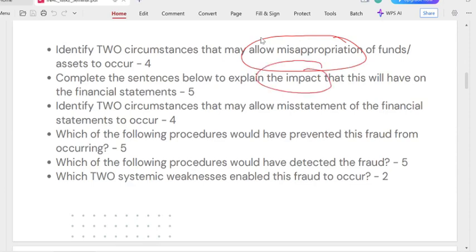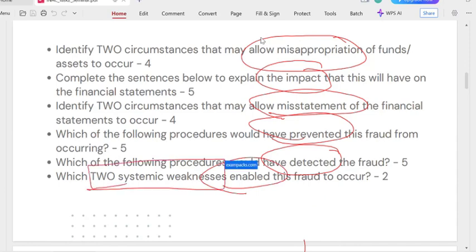So identify 2 circumstances that may allow misstatement of the financial statement. So we need to learn about what misstatement is. Which of the following procedures would have prevented the fraud? And then we have prevention of the fraud. Which of the following procedures would have detected the fraud? Here we have detection of the fraud. And which 2 systematic weaknesses enabled this fraud to occur?